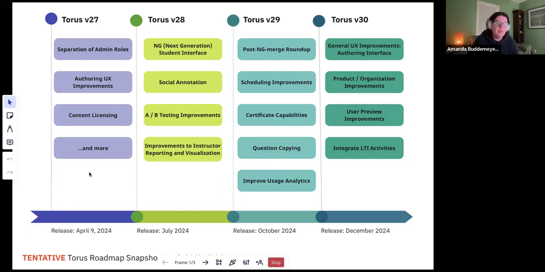That is something that we've historically done. We have a July release that's right before the fall semester, and a December release that's right before the spring semester.